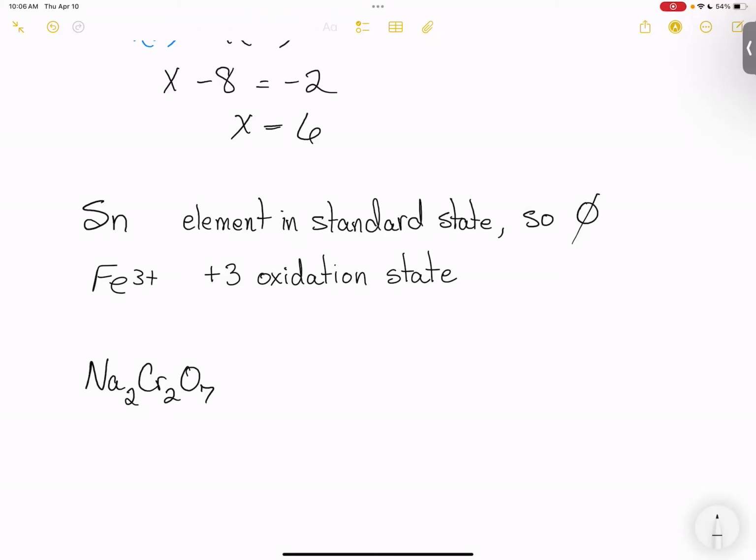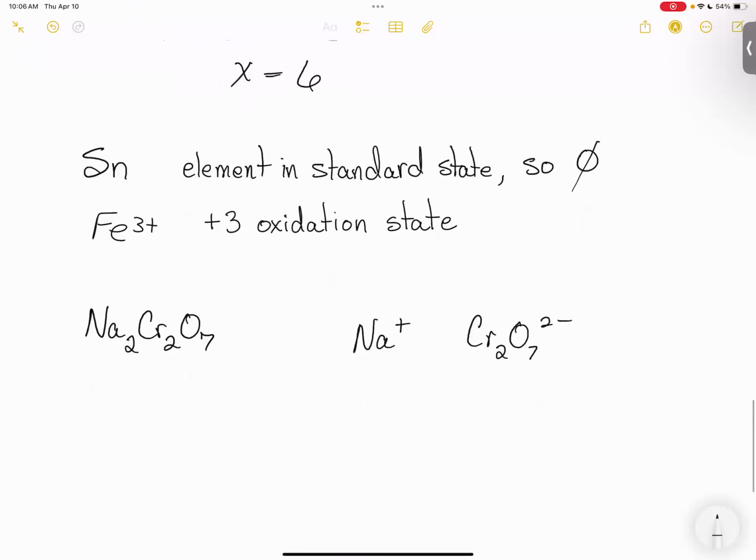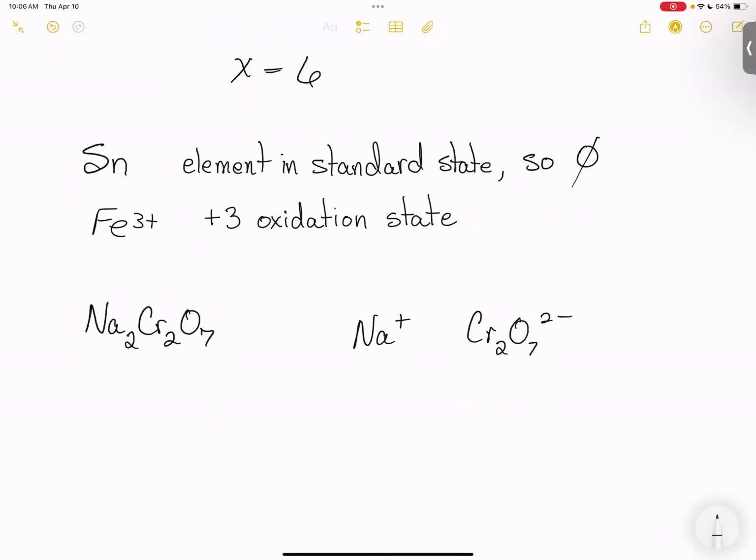Sodium dichromate is made up of sodium ion and dichromate ion. Now let's determine the oxidation state. Well, for sodium, since it's a single element in its ion form, its oxidation state is going to be the same as the charge.